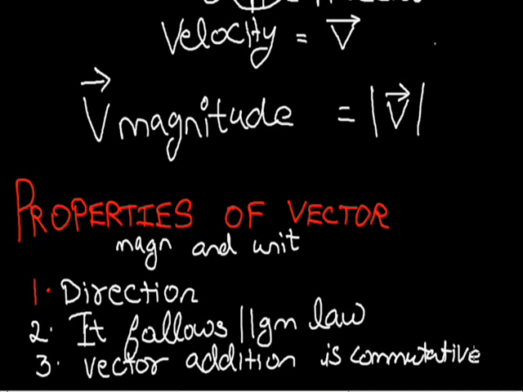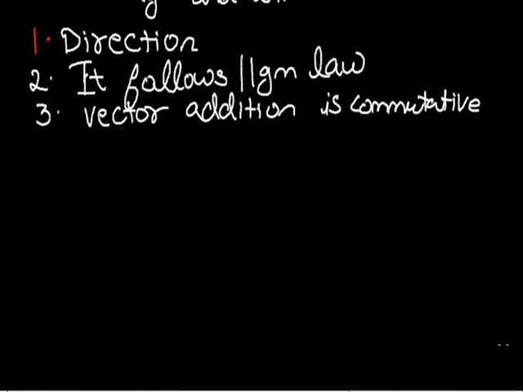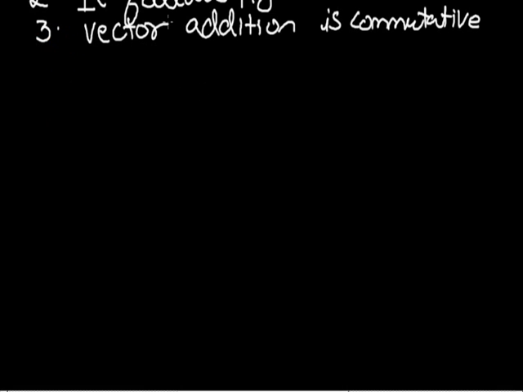What does this mean? It means, say, p vector plus q vector is equal to q vector plus p vector. Okay, vector addition follows the commutative property.